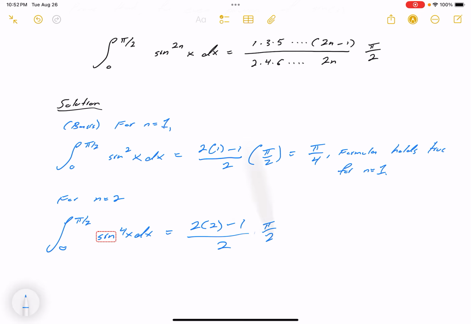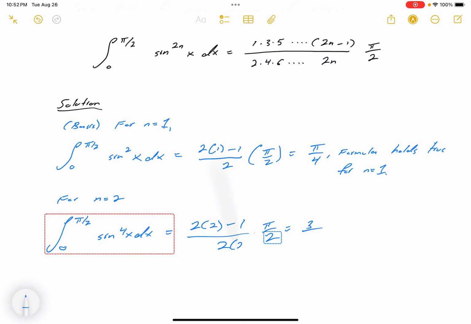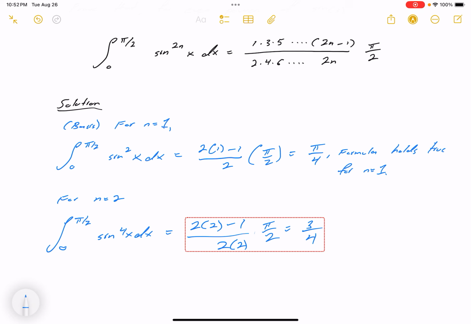So 2 times 2 is 4, so that's 3 over 4, right? And look at this, we have 3 over 4 right here.